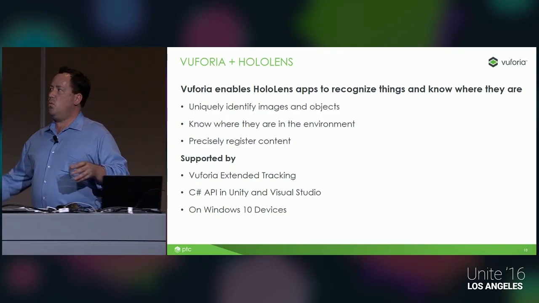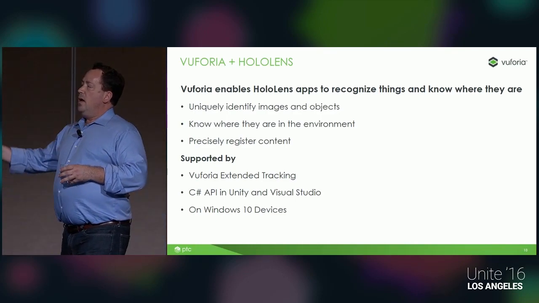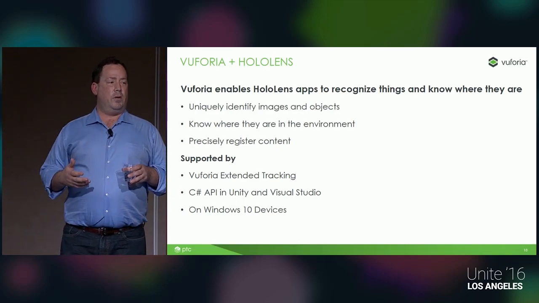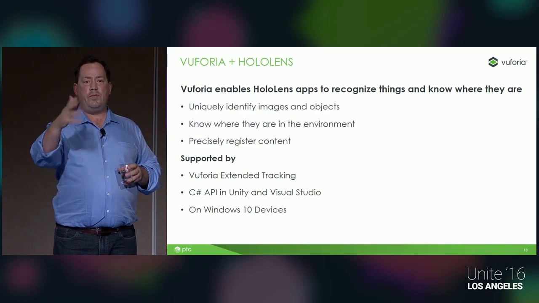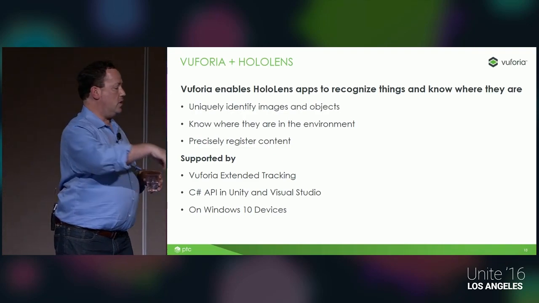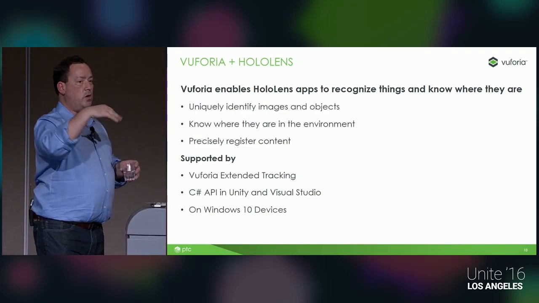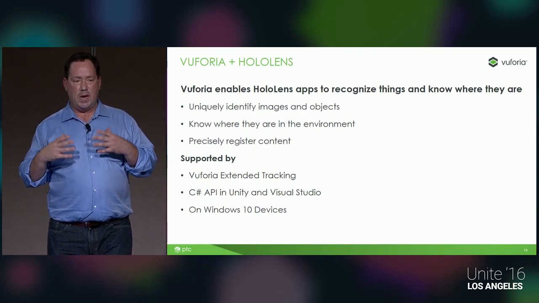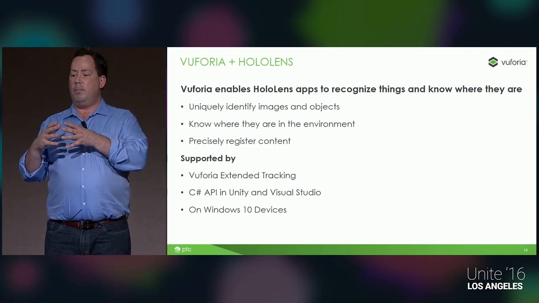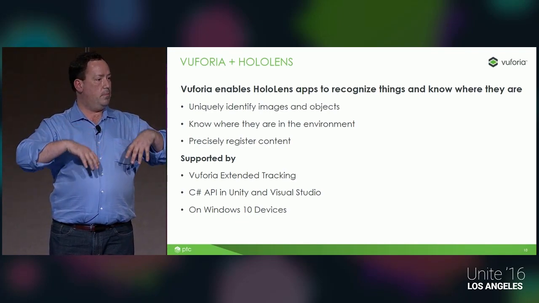So extended tracking, what that's actually doing is it starts from a target, a predefined target, and then once you've recognized that, it starts picking up features of the environment and sort of opportunistically grabbing things in the environment that it can use to create a mesh of its own, right? And so it has an ability to really stabilize content by creating this kind of a spatial map around things.